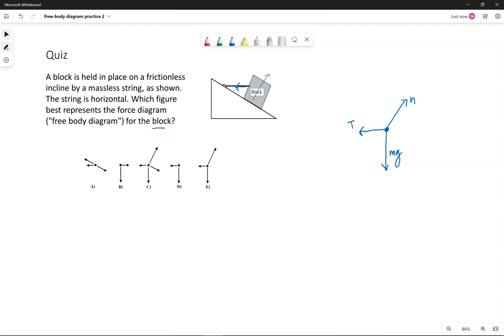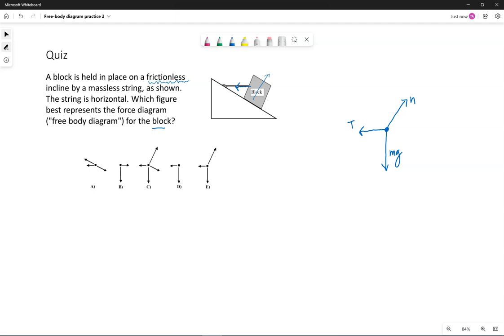The other potential force that can be created with the surface would be friction. But coming back to the problem, it says this block is held in place on a frictionless incline. That might be really weird to try to imagine, because that would have to be some sort of really, really perfectly smooth surface. So not particularly realistic.